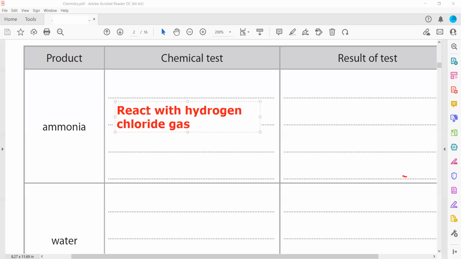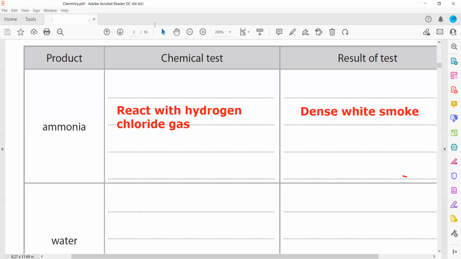As a result we will observe that ammonia plus hydrogen chloride produces ammonium chloride, and it produces a dense white smoke. Then the chemical test to check the presence of water: we can use anhydrous copper sulfate or cobalt chloride. If we are using copper sulfate, it will turn from white to blue. In the case of cobalt chloride, it will turn from blue to pink.